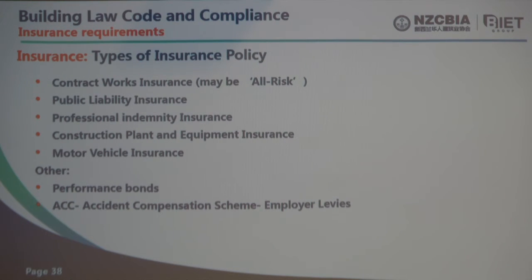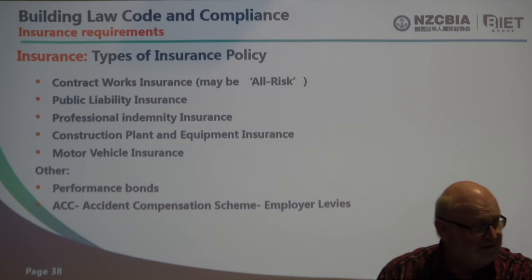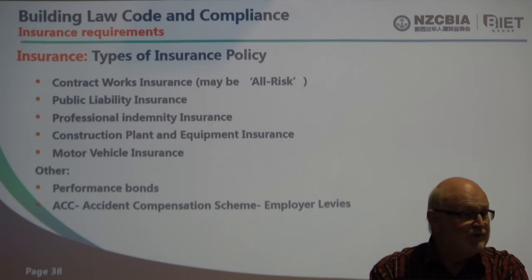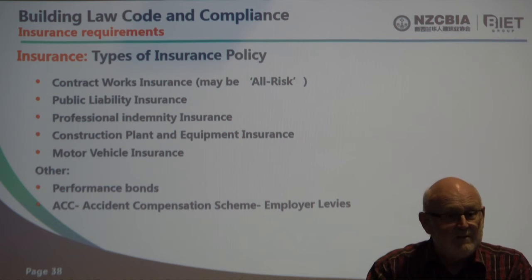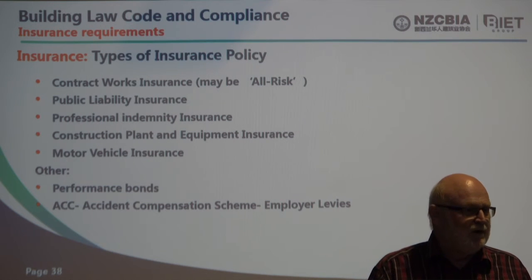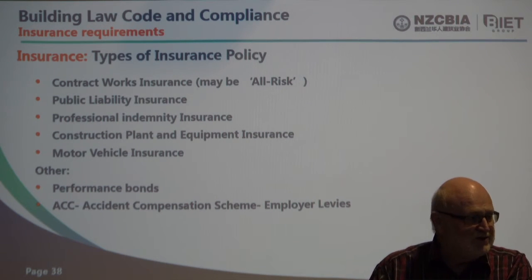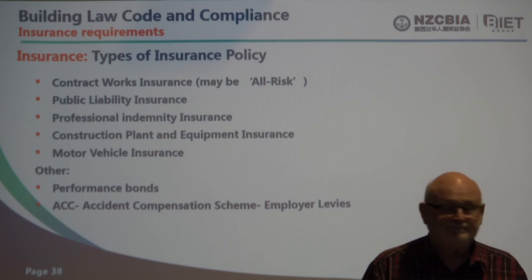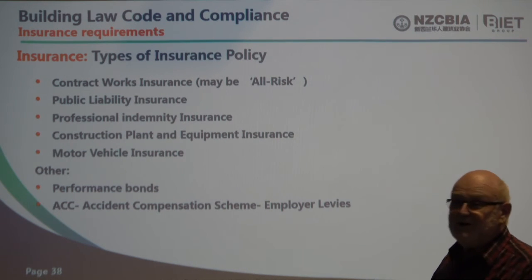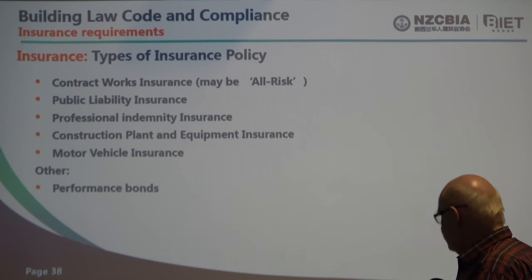The other is public liability insurance. What's public liability? That's the responsibility to another party. So a contract has two parties, you and me, two parties. But here's a third party who suffered injury or damage. So that's a member of the public. So you have public liability insurance to cover that third person. Professional indemnity insurance. I think I've got explanations for these things. Let's go through.